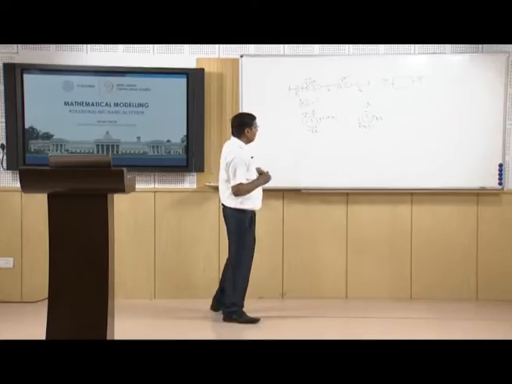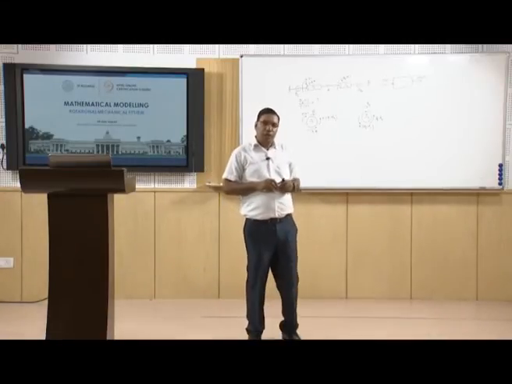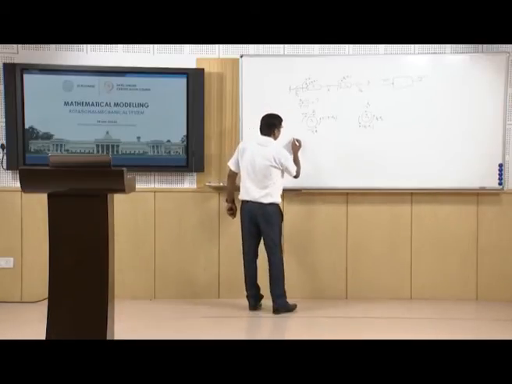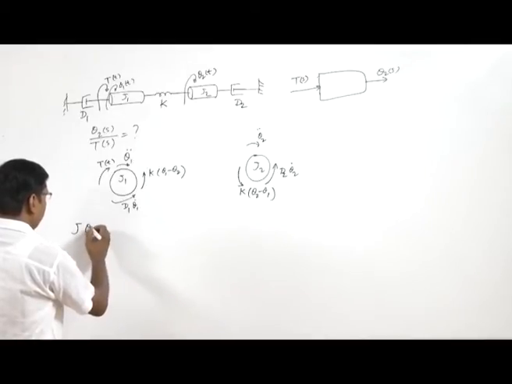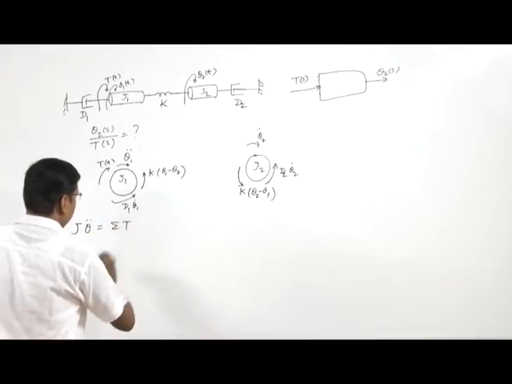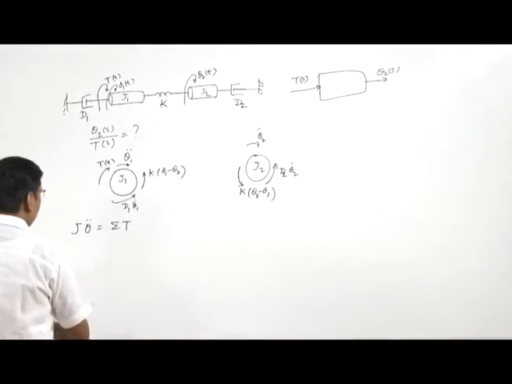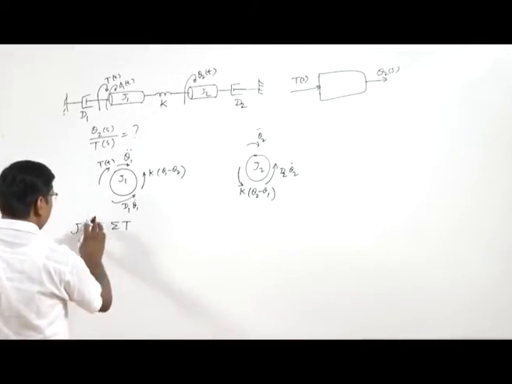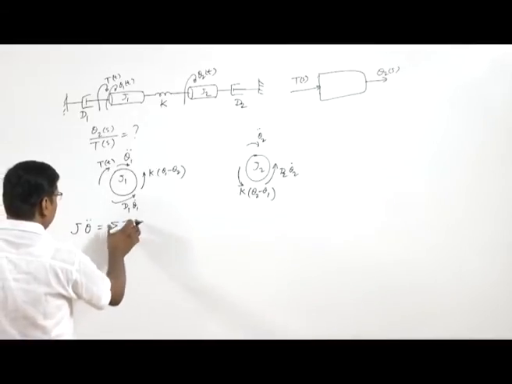Now, we have shown the free body diagram. Now, we will apply here Newton's law, that will be J theta double dot equal to summation of torque. So, J is the moment of inertia, and theta double dot is the angular acceleration. This is equal to the summation of the torques.